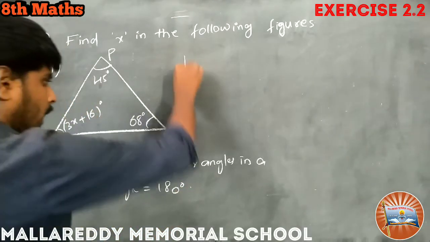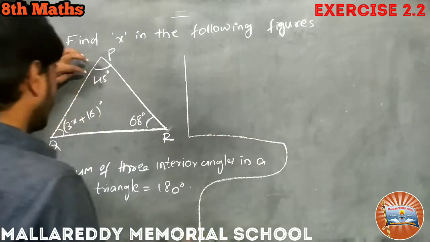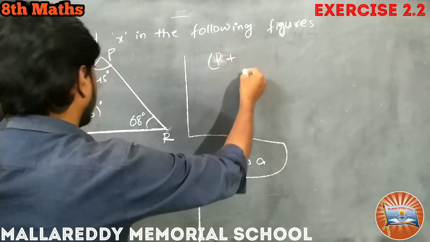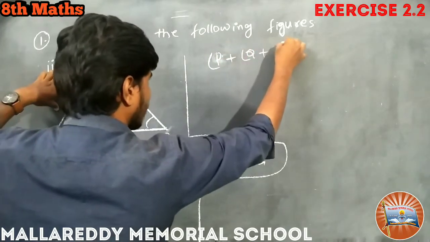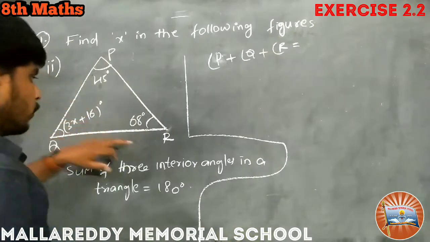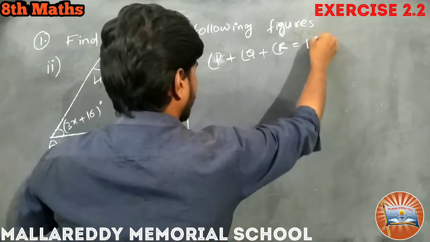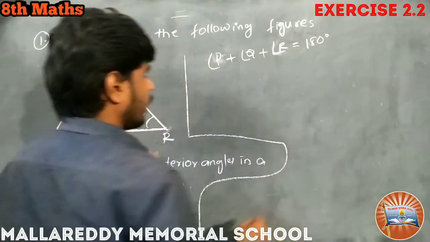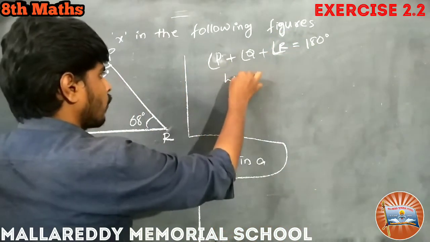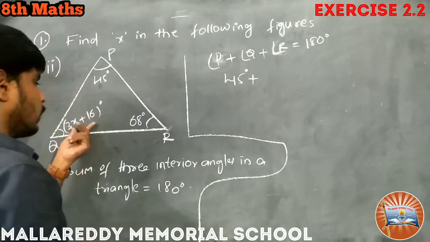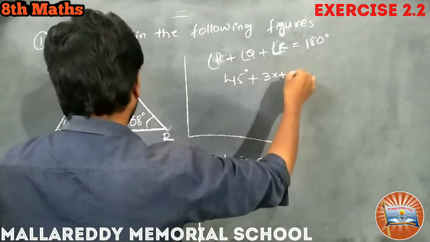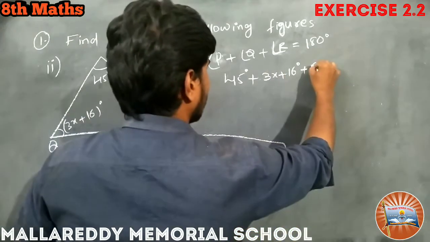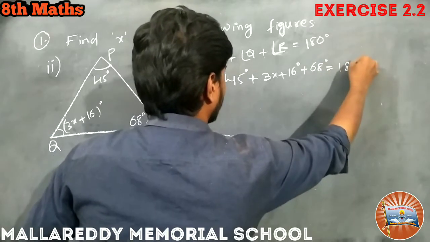By this property, angle P plus angle Q plus angle R is equal to 180 degrees. This is angle R, right? Now what is angle P? 45 degrees plus angle Q, 3x plus 16 degrees, plus 68 degrees is equal to 180 degrees.